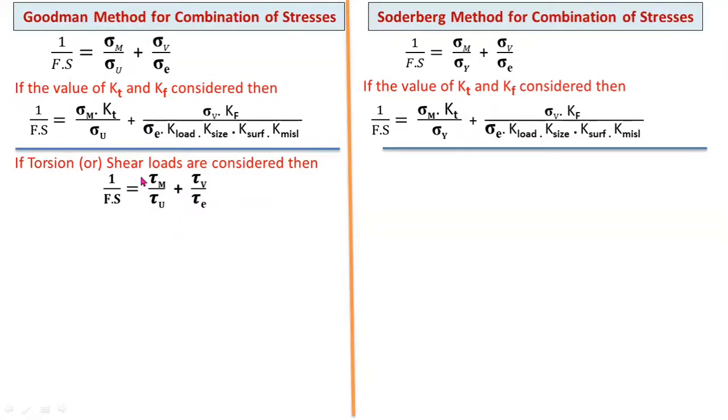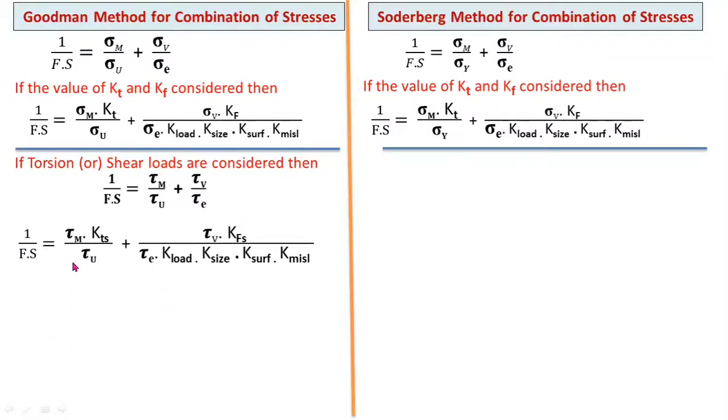Here tau indicates shear stress: tau m is the mean or average shear stress, tau v is the variable shear stress, tau u is the ultimate shear stress, and tau e is the endurance limit for shear loads.